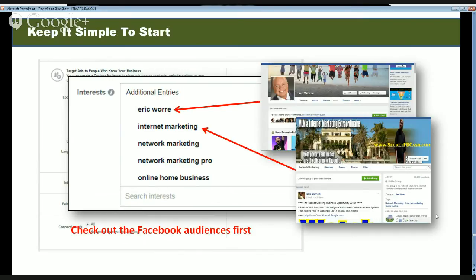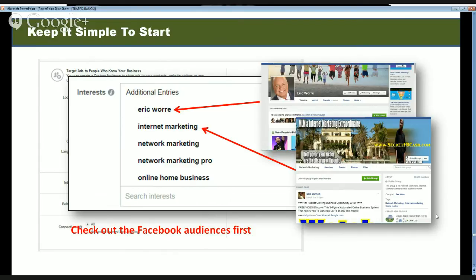Okay, so right there, by putting those two things, you've got about 160,000 people that you're sending your ads to. So what you want to do is to look at Facebook groups, okay, and Facebook pages, do the search. It's very, very powerful. And you can find out how many people you're going to be reaching and whether the people that are interested in certain things and have certain interests, whether those interests are represented well on Facebook.